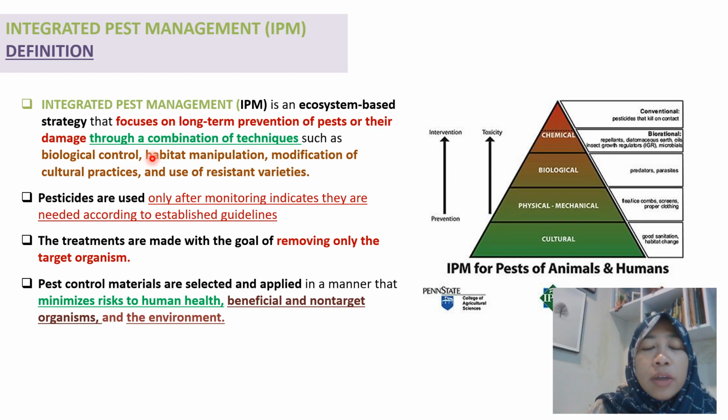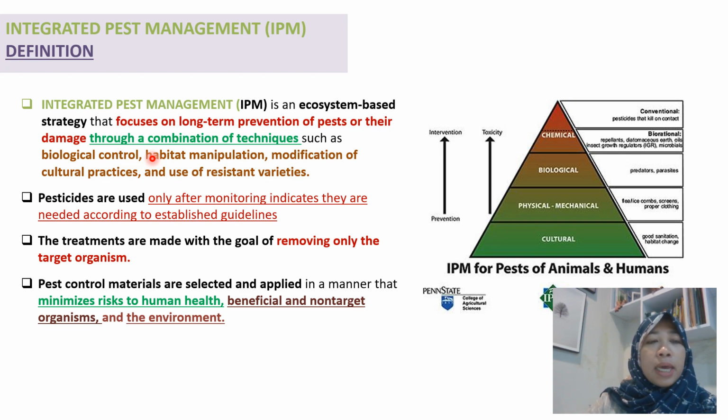Then there are the modification of cultural practices and the use of resistant varieties. The use of resistant varieties is a must. Do not use susceptible varieties. Susceptible means varietas rentan, so the pest will easily attack those varieties. So please use resistant varieties.